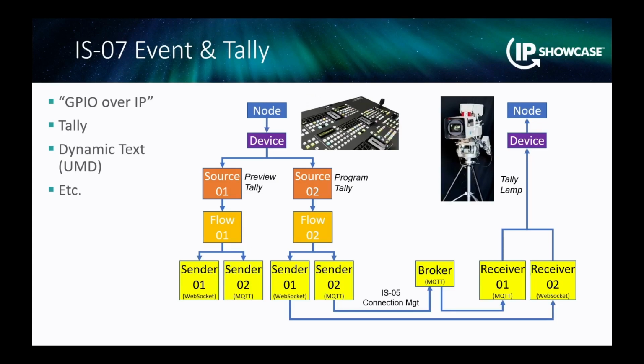So there's a detailed protocol here that allows us to send these events or these tally indicators over IP just as another packet using the same ISO 5 connection mechanism. And it can be done a few different ways. MQTT or WebSockets are kind of the low-level details about how that works, and there are pros and cons to each of those, but it's got mechanisms to support that. GPIO over IP.